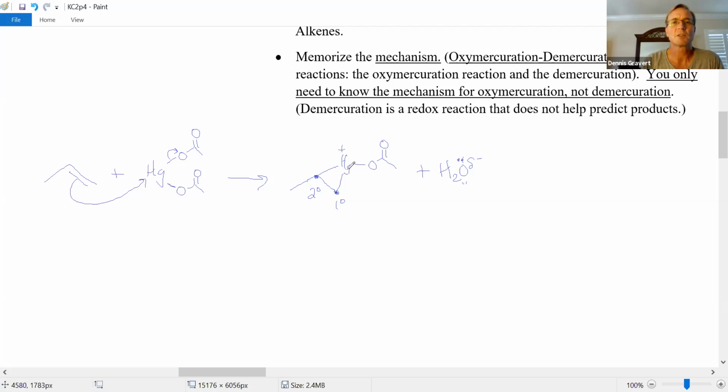Now, mercury is farther away on the periodic table than carbon. But I think if we go to the table of electronegativities, mercury is a little more electronegative. I guess what I'm saying here is I'm not sure, based on electronegativity, which one is more electronegative. But I do see a positive charge on mercury. And that's going to draw these bonding electrons to the mercury atom and start to build up a slight positive charge on these two carbons.